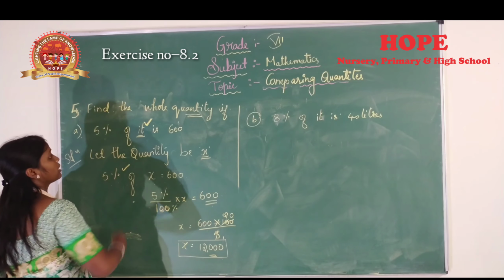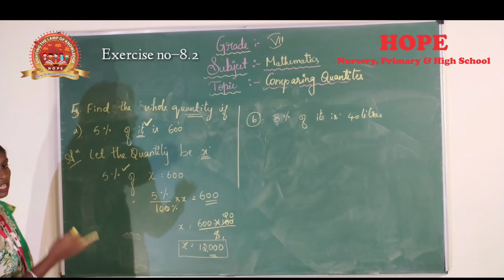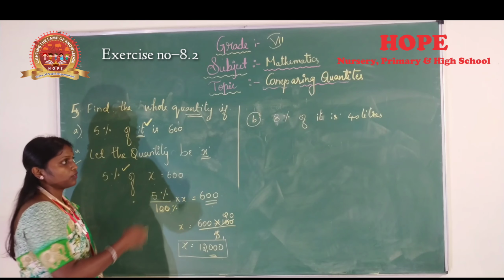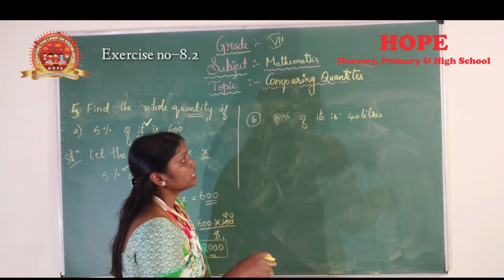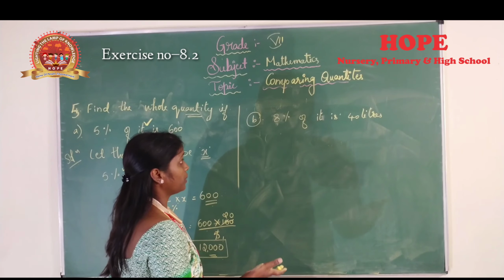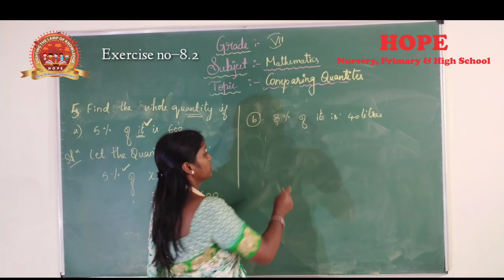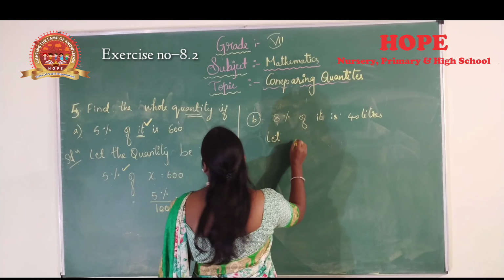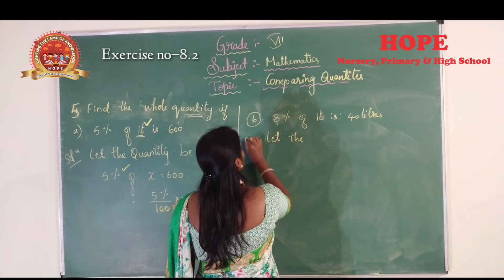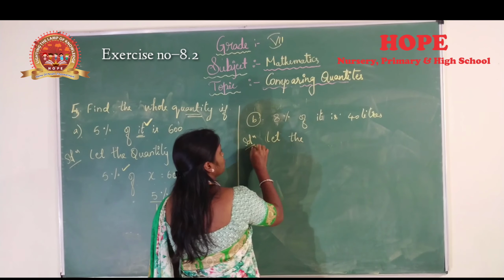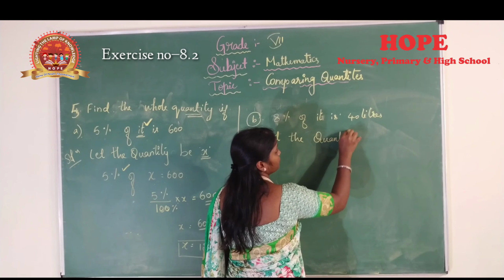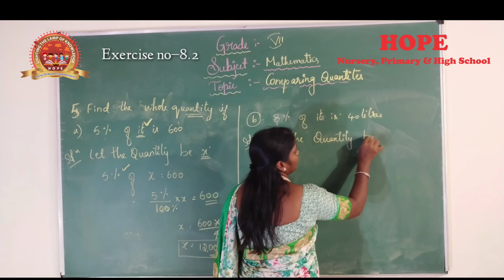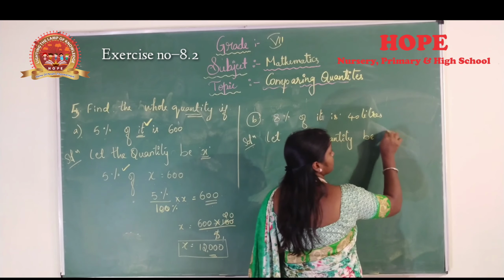In that, they have given a question like 5% of it is 600. There is one more question like 8% of it is 40 liters. How do we find it out? 8% of it is 40 liters. So let the quantity be x.